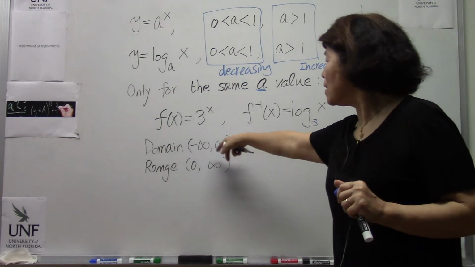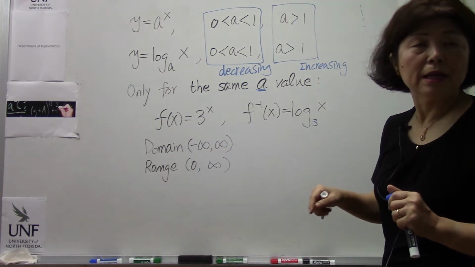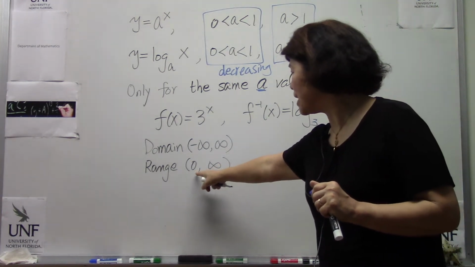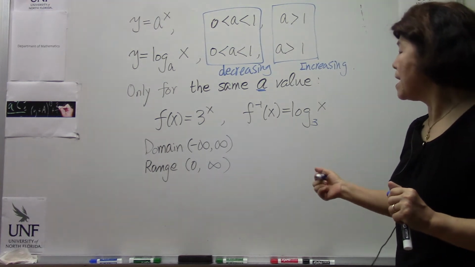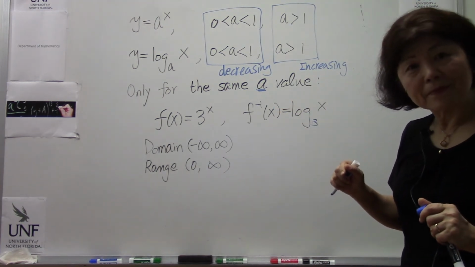So the domain of this exponential function is the set of all real numbers, from negative infinity to positive infinity, and the range is positive real numbers. When you switch to its inverse, what's going to happen?